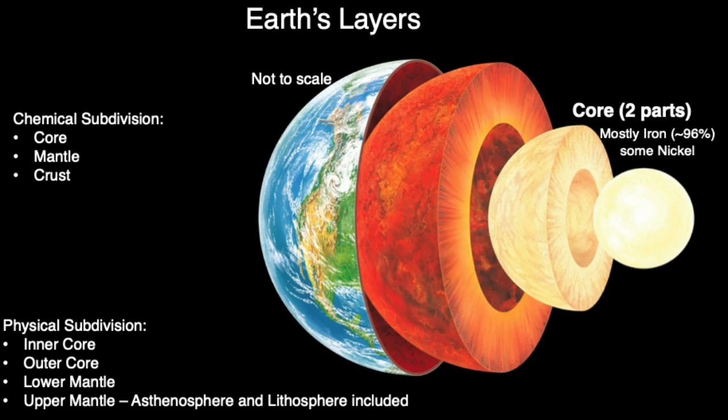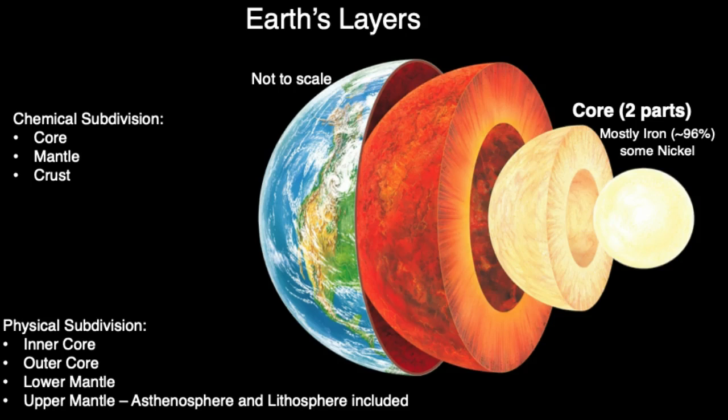So the physical subdivisions that we have are the inner core, the outer core, the lower mantle, and the upper mantle, and then later on, I guess, the crust really high up at the top, but that's kind of a funky way in which we divide things, and you'll see it later on. So the upper mantle itself includes the transition zone, the asthenosphere, and then the lithosphere.